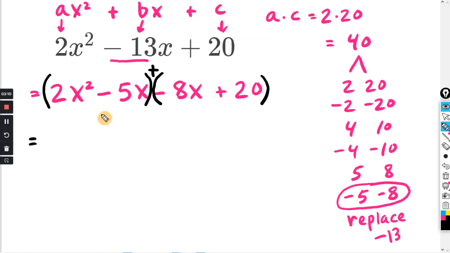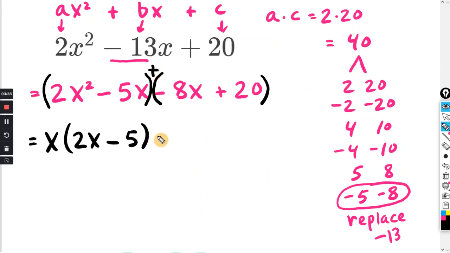So between 2 and negative 5, there's no common factor. Between the x squared and the x, when the variables match, you choose the one with the lowest exponent. So we just choose x right here. It's the same as x to the first. All right, 2x squared divided by x is just 2x. And negative 5x divided by x is negative 5.